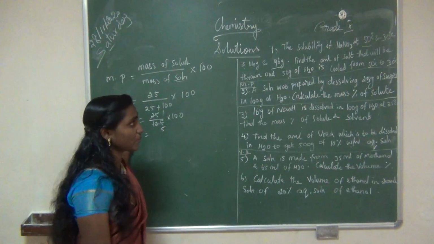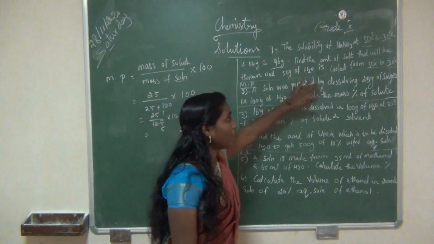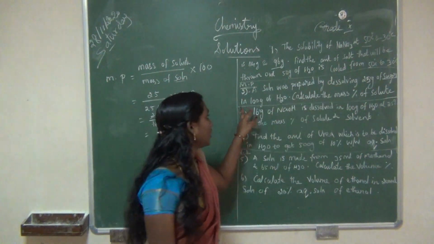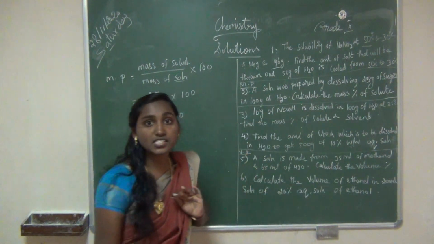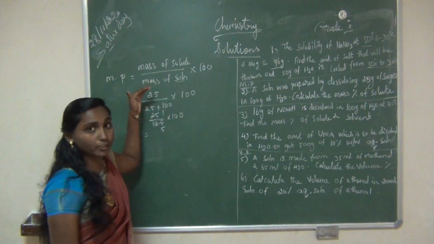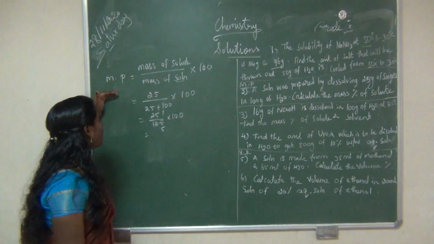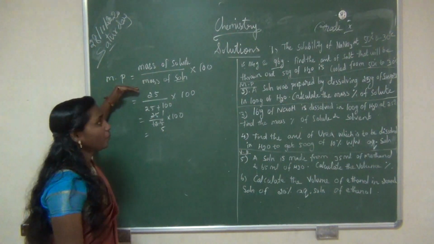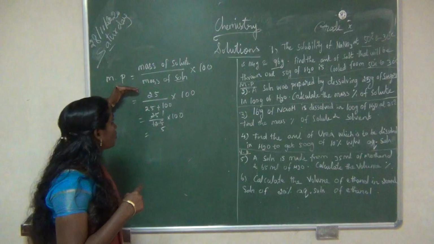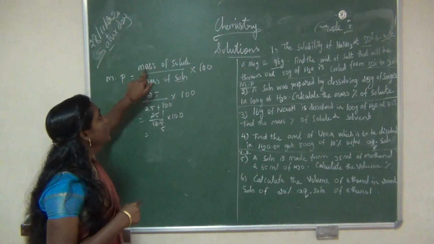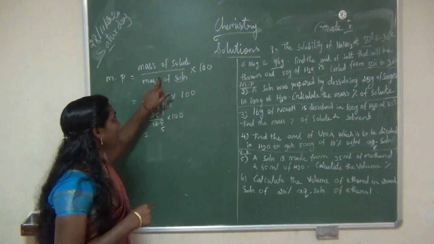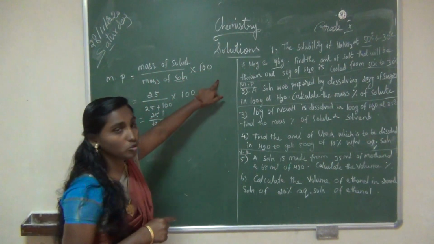Have you understood mass percentage? A solution is prepared by dissolving 25 gram of sugar in 100 gram of water. Calculate the mass percentage. First step, you should write the mass percentage formula, which carries 1 mark. Mass percentage is equal to mass of solute divided by mass of solution into 100.